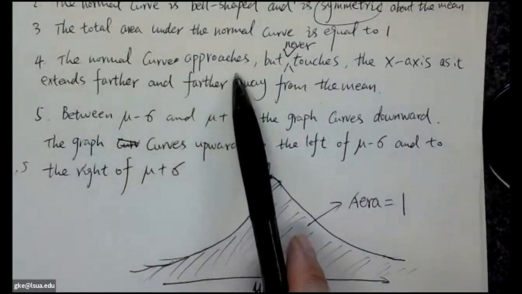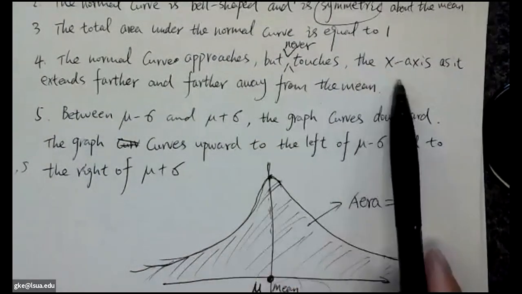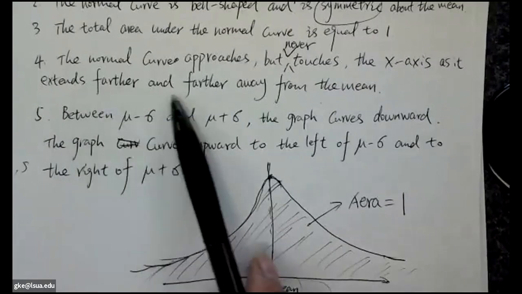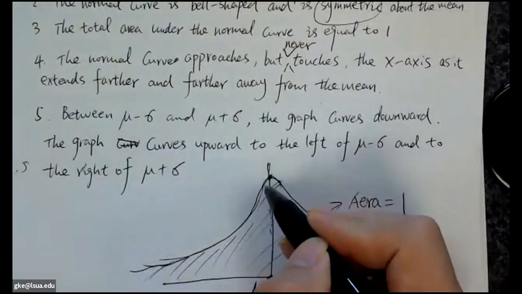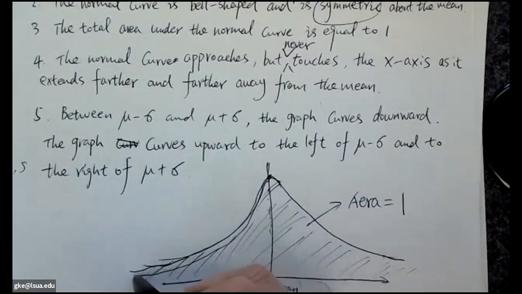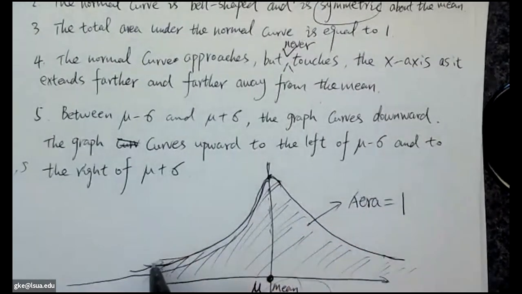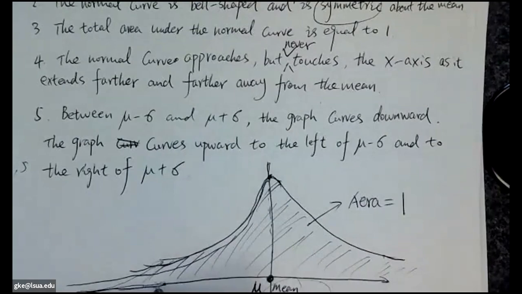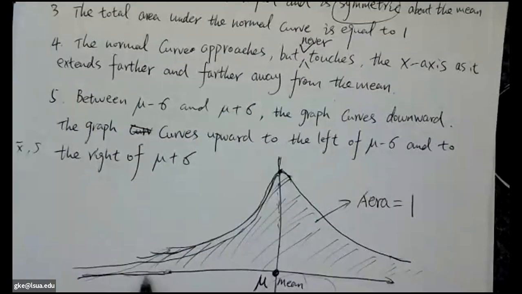The normal curve approaches but never touches the x-axis, okay? So that means the curve goes down, goes farther away, always goes down, but never touches this x-axis.